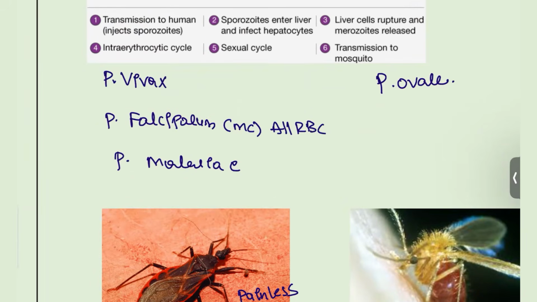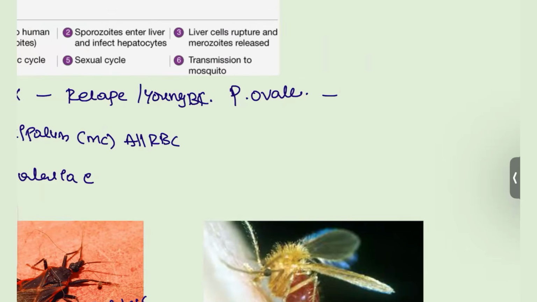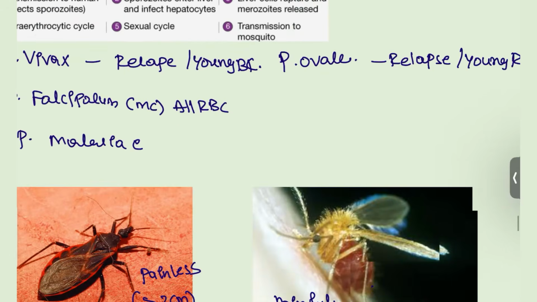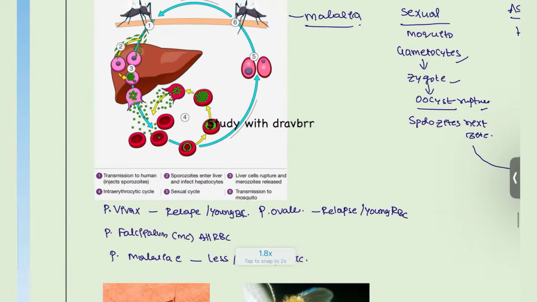Plasmodium vivax especially is going to have relapse, and it will involve only young RBC. Same with ovale also, it is going to have relapse and young RBC are affected. Malaria in India is less likely, but if it occurs, it can cause nephrotic syndrome. So these are the things that you have to remember.